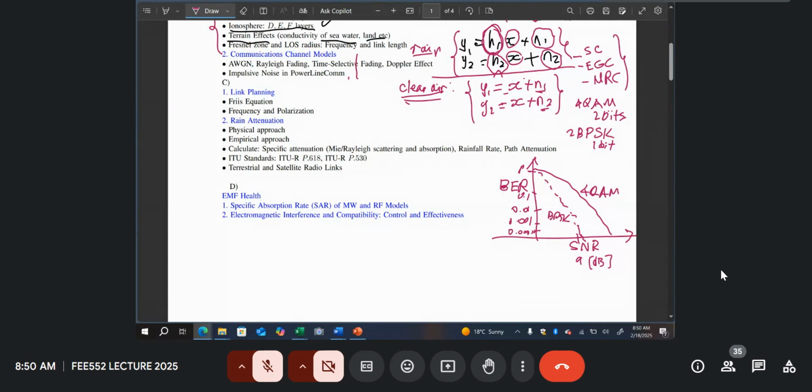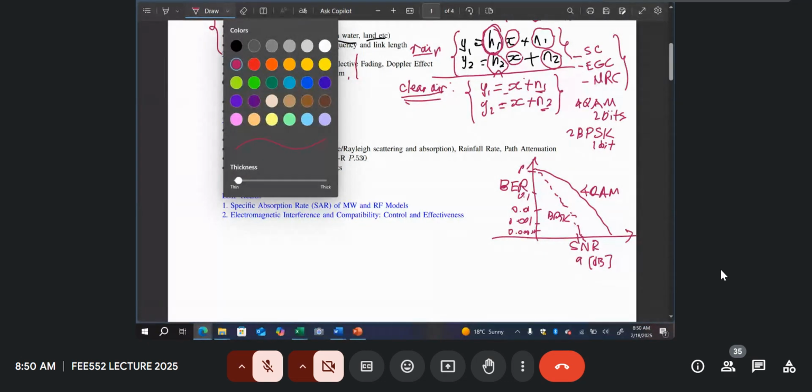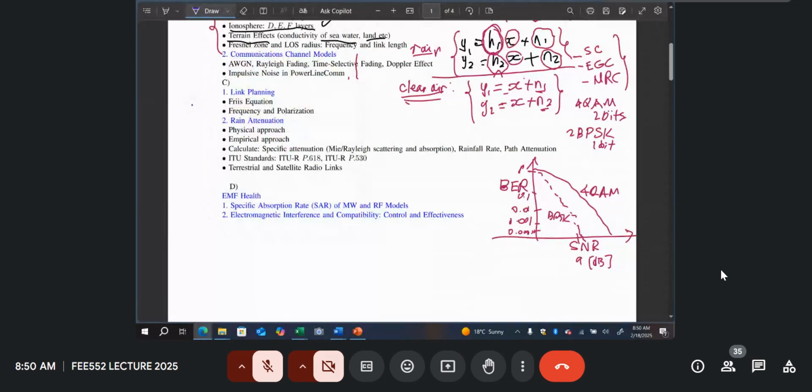Now you want to determine how you determine that something is a standard for 4G or 5G. You can say that any system that gives you 1 out of 10,000 bits in error at 9 dB, that's the standard for 4G.